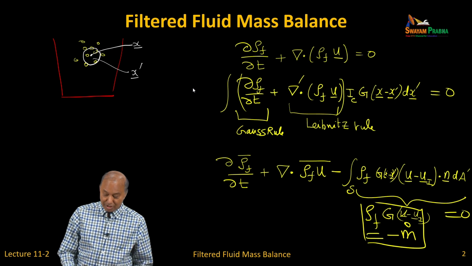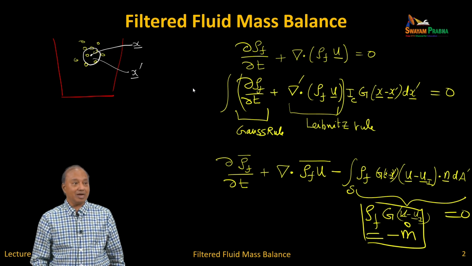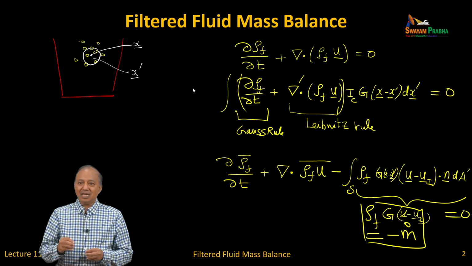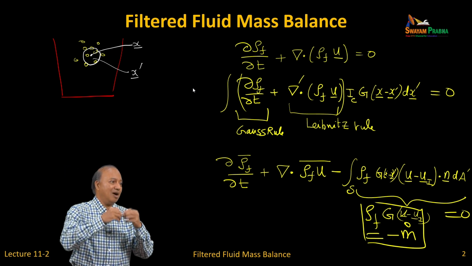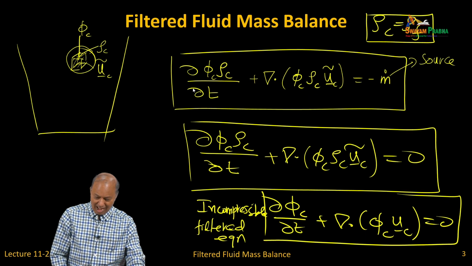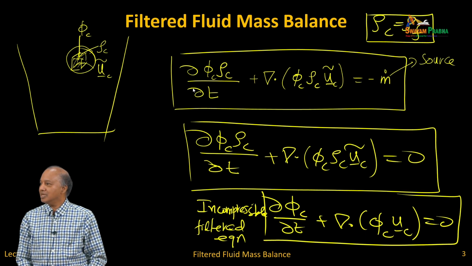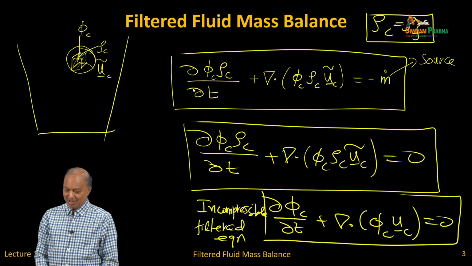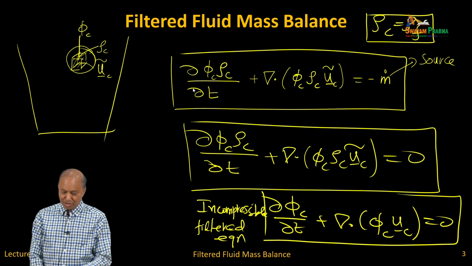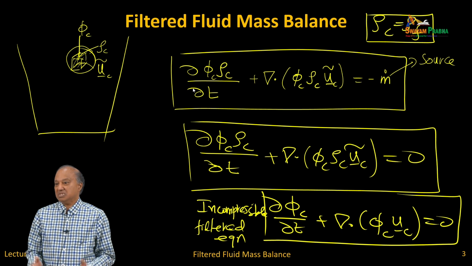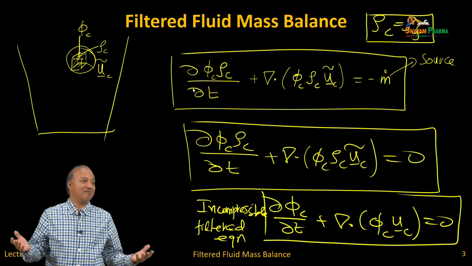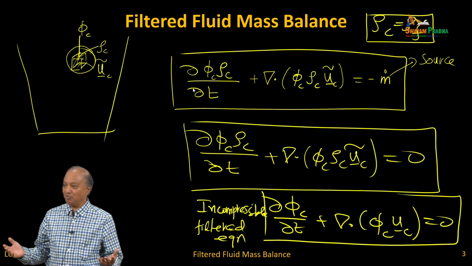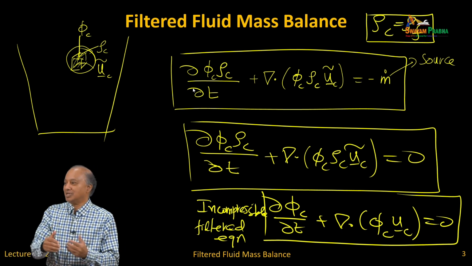By the way, while here rho f and u, etc., the raw fine scale quantities, are defined only outside the particles, after filtering, this volume fraction, density, velocity, u c tilde, all these quantities are defined everywhere over the entire domain. And that is why we don't solve it outside particles or anything.